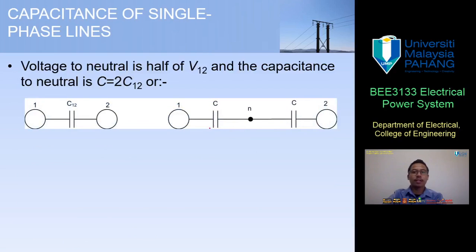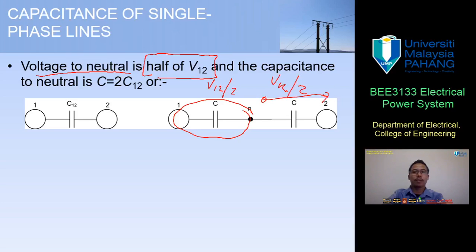What is the difference? The voltage to neutral is half of V12, that is V12 over 2. If we add up the two halves, we get V12.